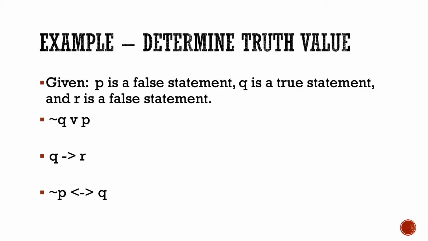Okay, we're going to do one more example. Now this one is a different example. In this case, we're told that P is false, Q is true, and R is false. We're going to begin with the negation of Q. If Q is true, the negation of Q will be false.